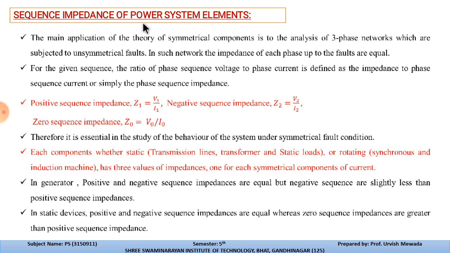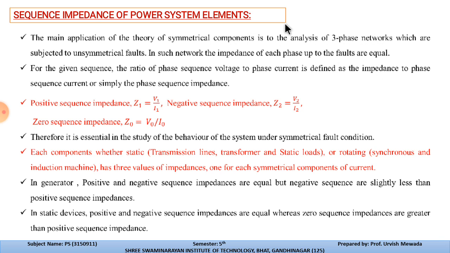The main application of the symmetrical component theory is the analysis of three-phase networks in the power system which are subjected to unsymmetrical faults. As I discussed earlier in this chapter, whenever any change of load, switching, or any kind of contingency occurs, an unsymmetrical fault is generated in the power system. In such a network, the impedance of each phase up to the fault is equal.